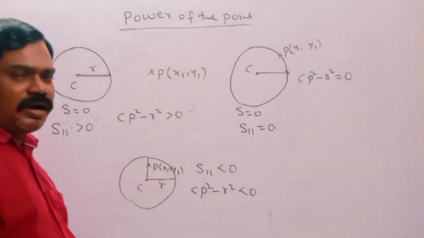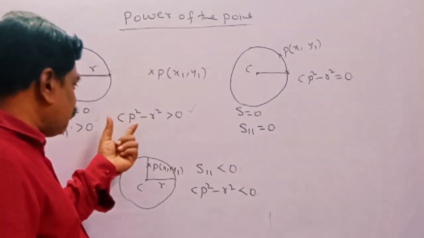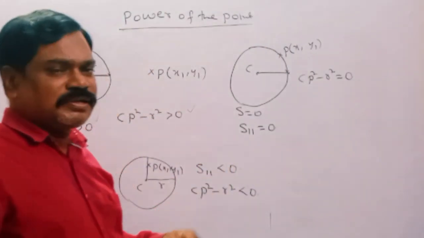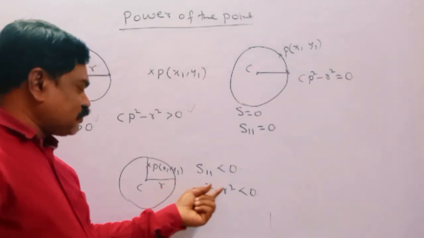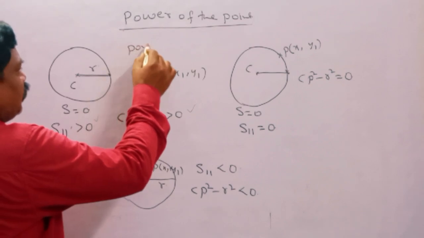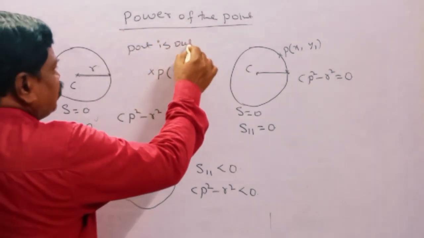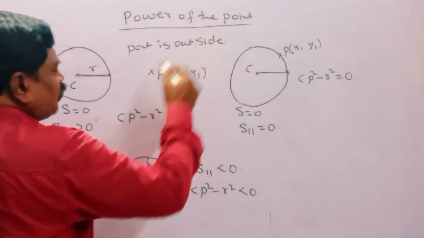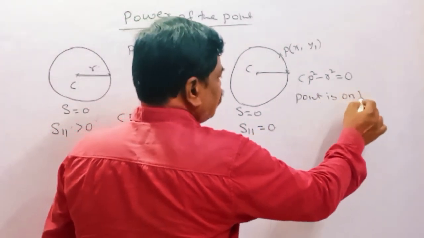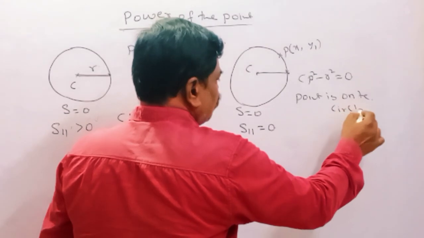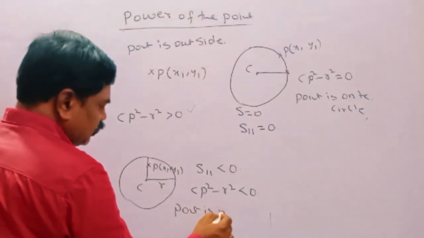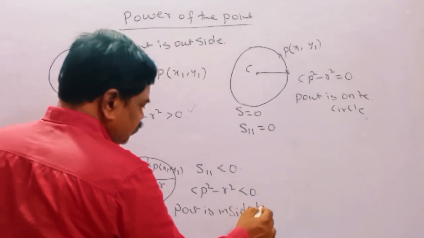CP square greater than R square, CP square minus R square equal to 0, CP square minus R square less than 0. The point is outside the circle, the point is on the circle, and the point is inside the circle.